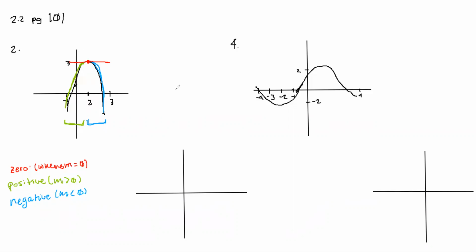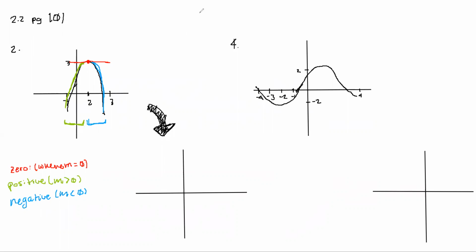So when I'm graphing the derivative, what am I graphing? What is the derivative graph going to be made out of? The slopes of the tangent lines. Exactly.